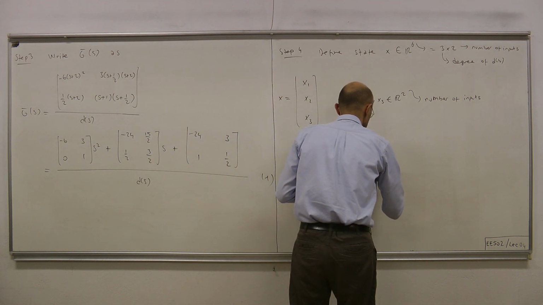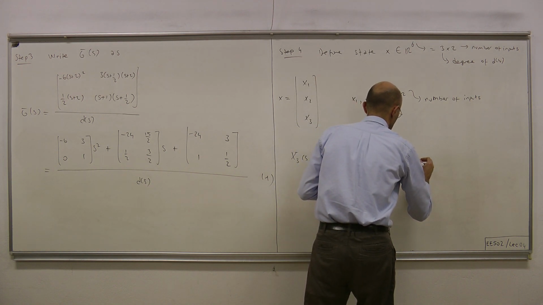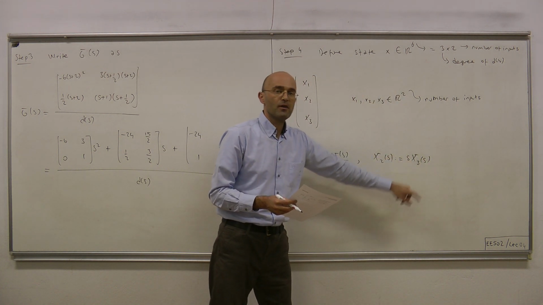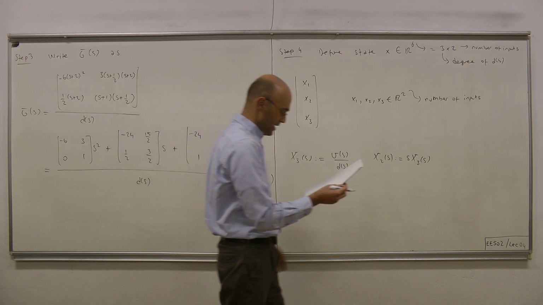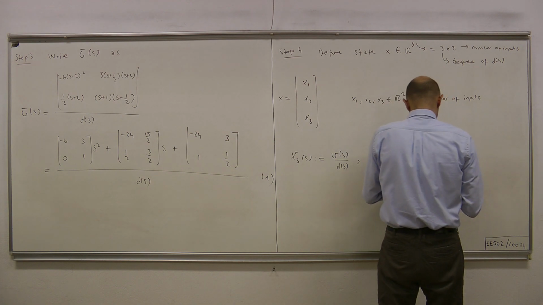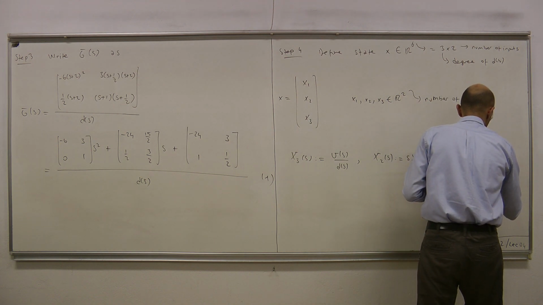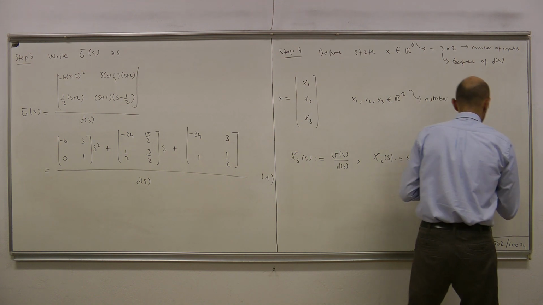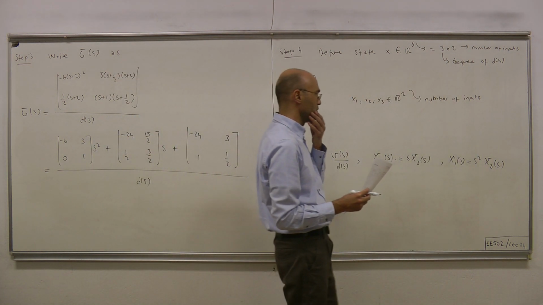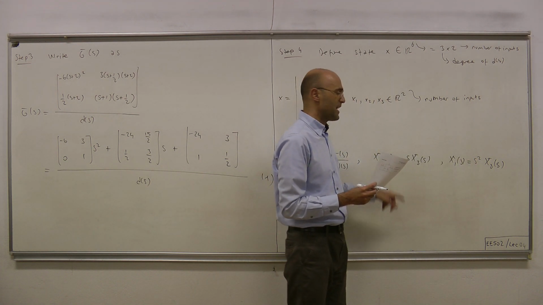Okay, and then x2 of s is s times x3 of s, so in time domain it's the time derivative of x3, and x1 of s is s squared times x3 of s. For the zero-initial-condition case, it means x3 double dot in time domain, or x2 dot.